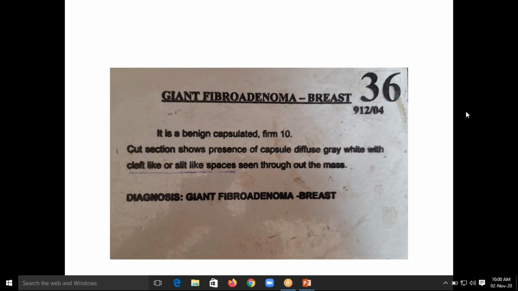In that lesion, you should look for the morphological changes of that specific lesion. That is how you approach a specimen. First identification of the specimen, then the morphology of the lesion, and then you will describe the lesion. That is the order that you will follow while describing a specimen.